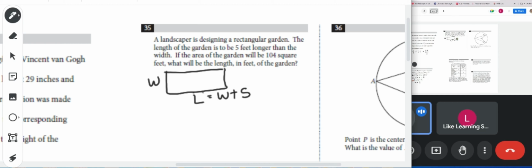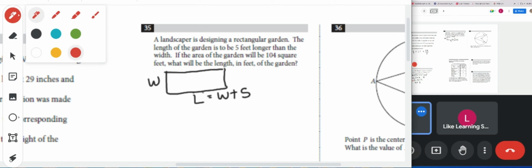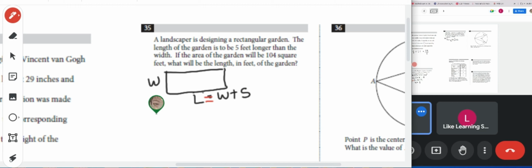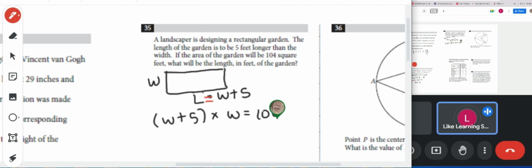So length times width is equal to the area. Rectangle area is length times breadth. So W times length is 104, or W times (W plus 5) is equal to 104.